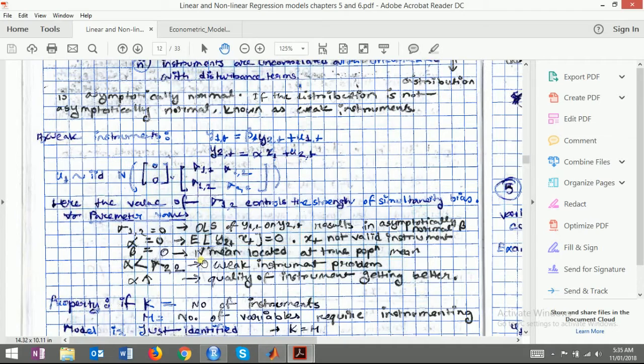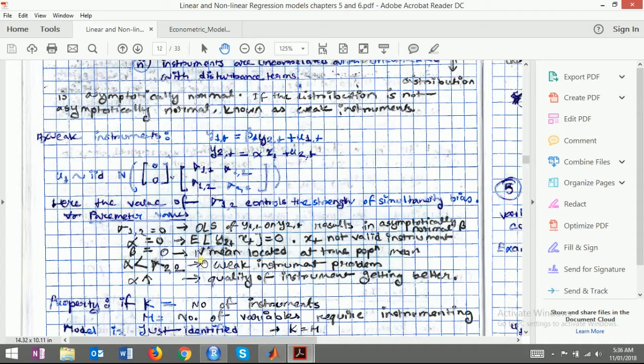So in the first equation, the dependent variable is a function of the other variable y2t, while in the second equation, y2t is a function of an exogenous variable. There is no u1t here. Here ut is IID with 0 mean and variance sigma square, represented in this manner.